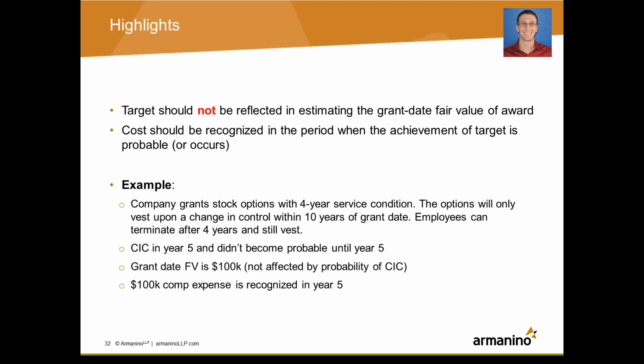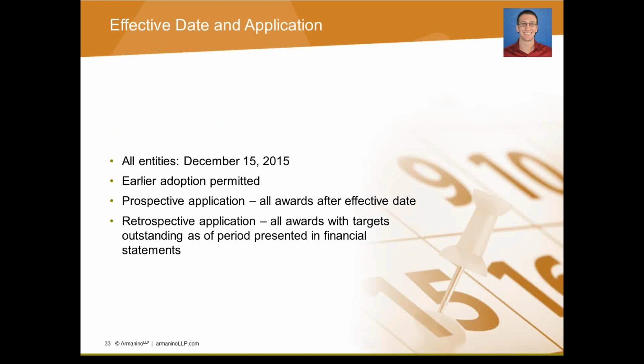And ultimately, you would recognize that $100,000 in year 5 when that change of control occurred. So pretty simple and subtle, but if you were to include the probability in the grant date fair value, it adds a lot of complexity to your calculation, whether it be a Monte Carlo or lattice model or something more complex, in order to take into account the actual probability of that change of control event.